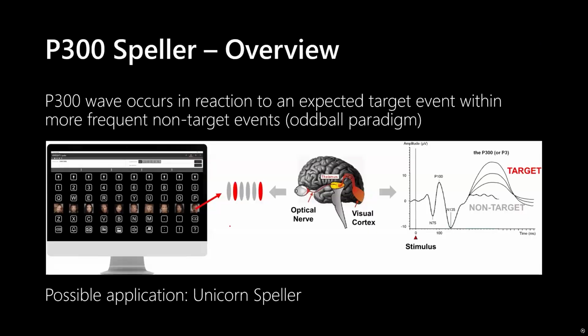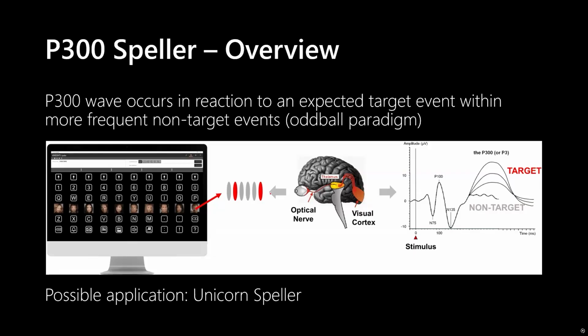On to the next one. The P300 speller is already, I'm assuming, kind of known. If you are looking at something that is flashing or blinking, whatever it might be, then you're getting visual input. This visual input elicits a response, especially in the visual cortex.